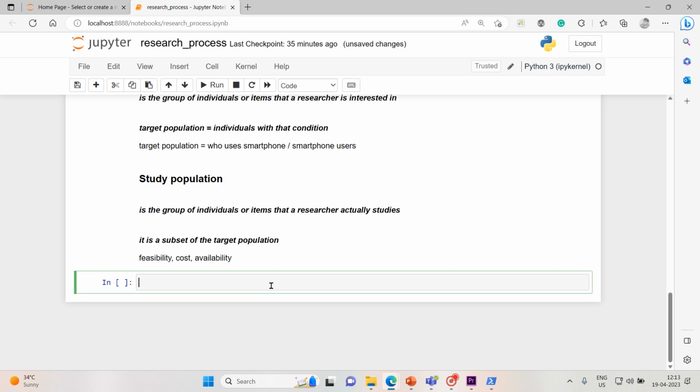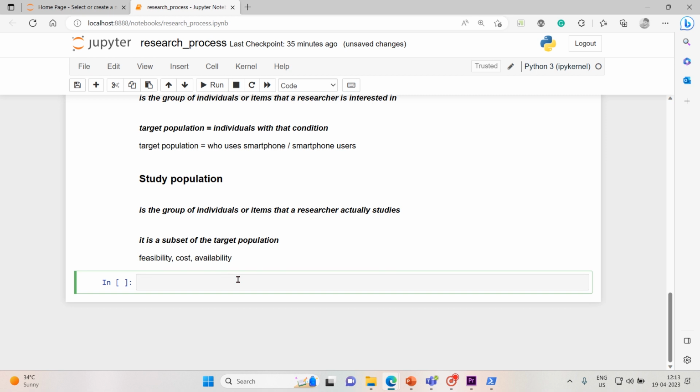So, for example, if the researcher above only has the resources to study a limited number of people with the medical condition of interest, the study population would be a subset of the target. Around the globe, you have lakhs, crores of smartphone users, but for you, they're just the target population.